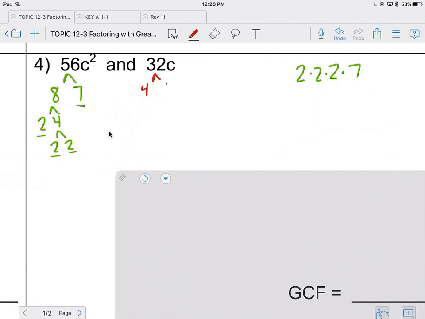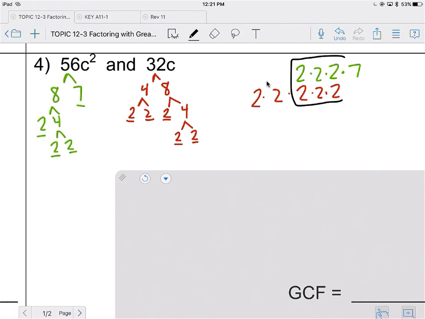32 is 4 times 8. 4 is 2 times 2, and those 2's cannot be broken up any further. 8 is 2 and 4. 2 cannot be broken up further, but 4 can be broken up into 2 and 2. So on 32, I have 2 times 2 times 2 times 2 times 2. And notice how I lined them up. I lined up all the 2's I had, and then anything that was extra or excess, I wrote out to the side.